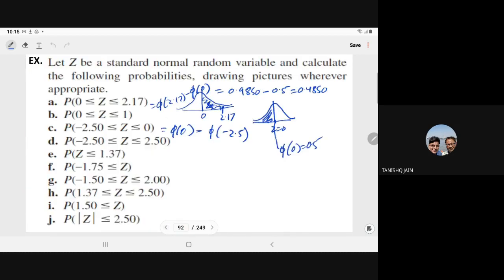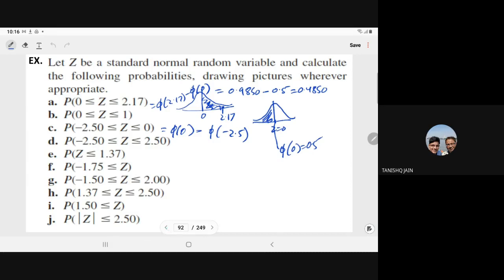Sir, can you explain how to check 2.17? 2.1 and 2.2 are given, but I'm not getting phi of 2.17 in the tables. From the table, you take the value from the book.